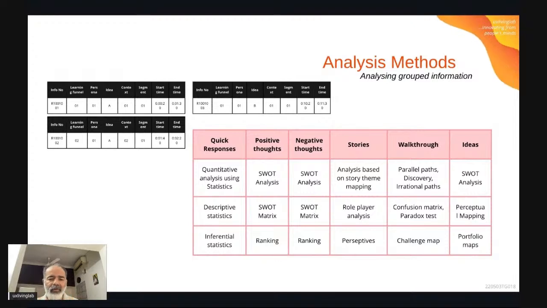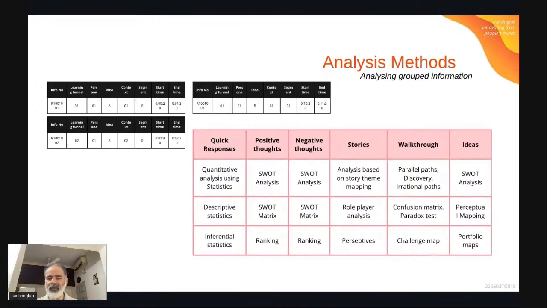I will take all these analysis methods in the next session one by one to show how to analyze. Otherwise, if I continue with that, it will go on for another one hour. So it's better to go for the next session for each one. That means how to develop perceptual mapping, how to do role player analysis, how to prepare the challenge map, etc. I will explain in the next session.